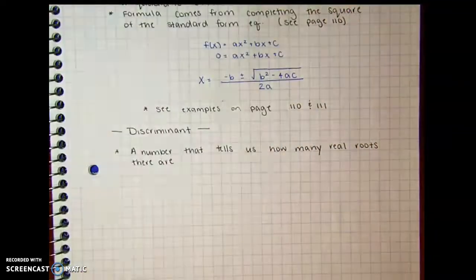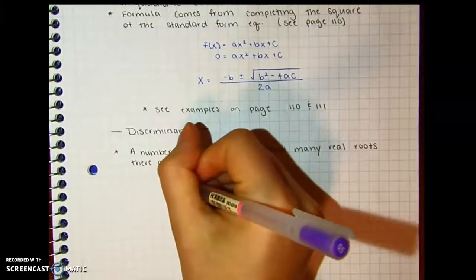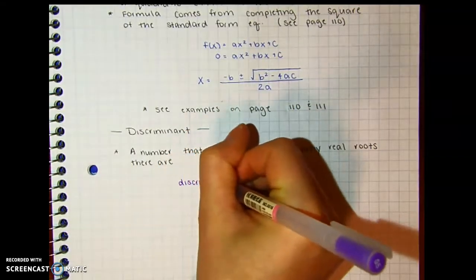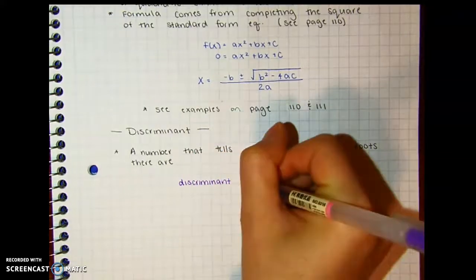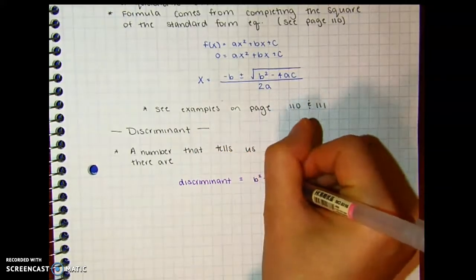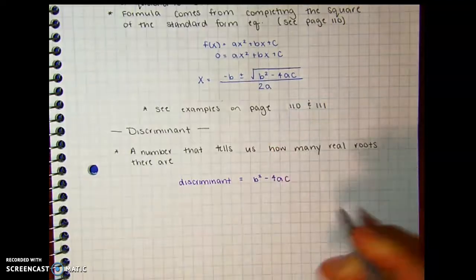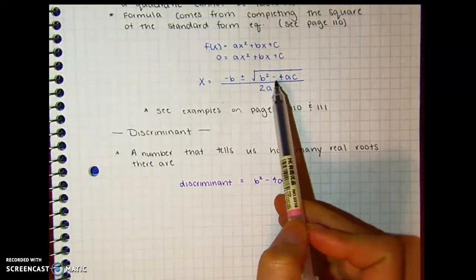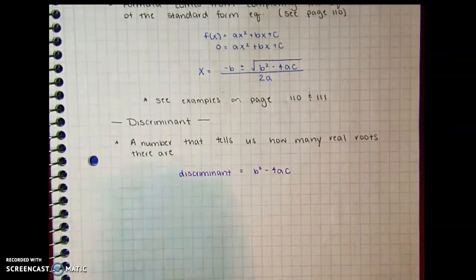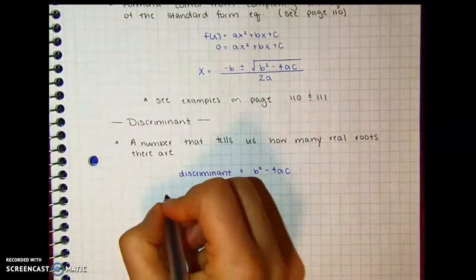The discriminant is equal to b squared minus 4 times a times c, which you're like, hey, we just wrote that. We did. It's just this part. And so there are three different things that could happen.